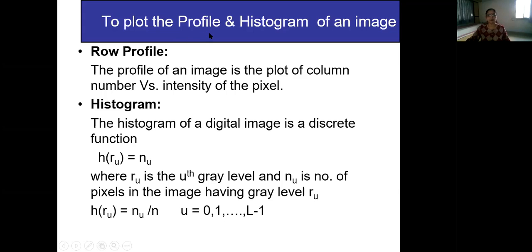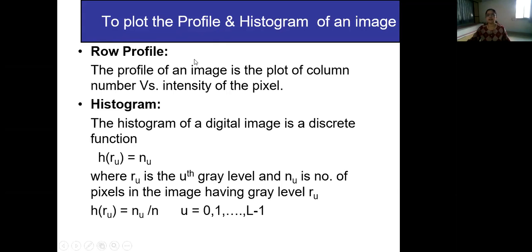Under image properties, let us start with what we mean by profile. As the name indicates, profile gives you details over certain duration. For digital images, there are two types of profiles, row profile and column profile. The row profile of an image is the plot of column number versus intensity of the pixel.